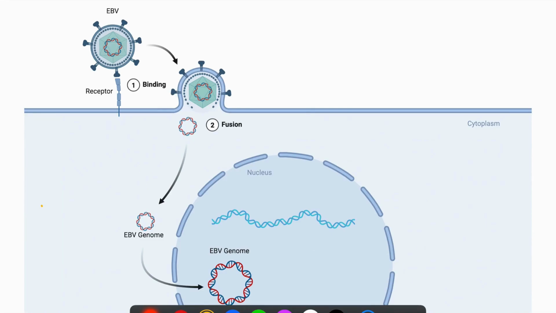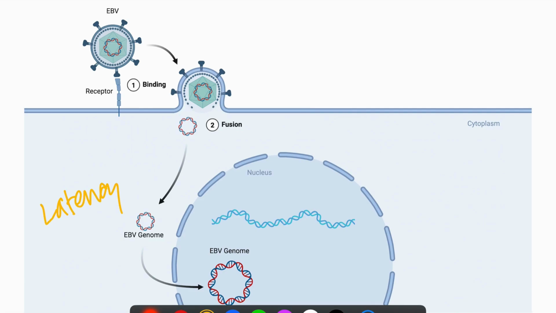This circular ring of DNA can reside in the nucleus for the life of the cell. It can sit quietly and not make any more copies of itself. And this is called latency, or viral latency. Now, if it doesn't progress from here, this is considered a latent infection.